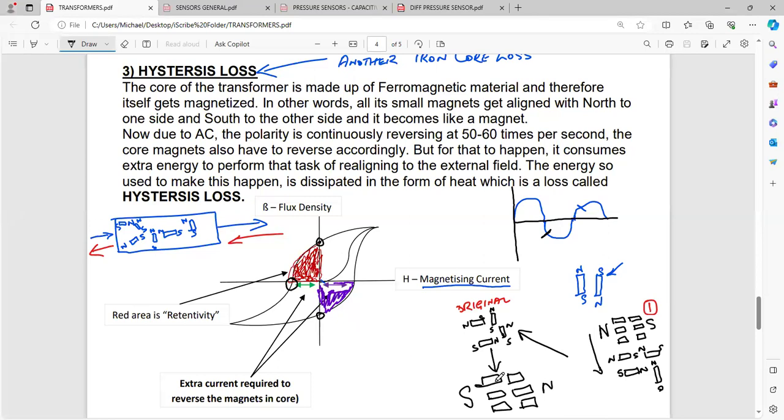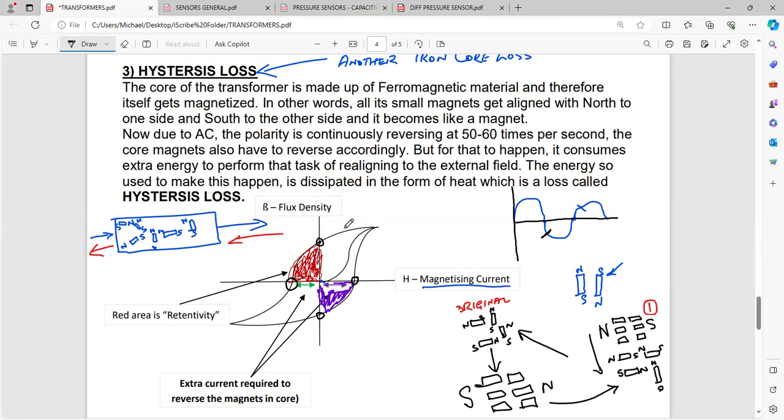Some of these magnets will still remain with the south-north direction. Some would have changed to the north-south direction. Some of them would be in between somewhere. You'll come into this particular position, and then finally at this particular point, you'll come back to the original position.